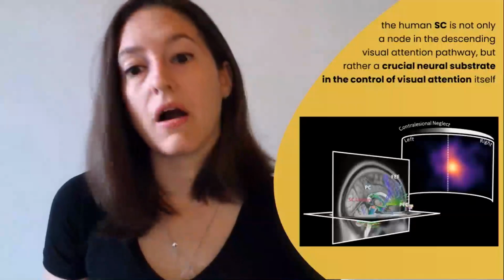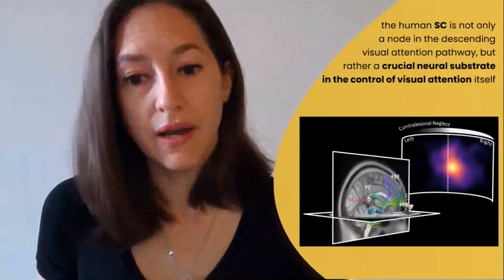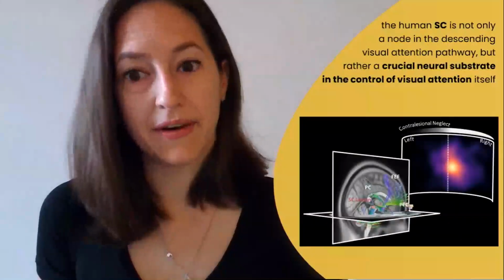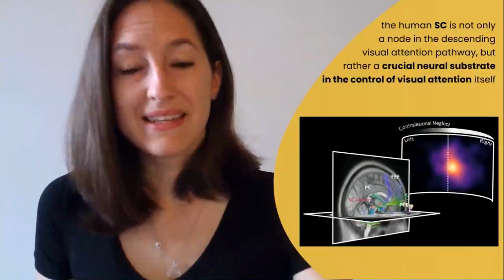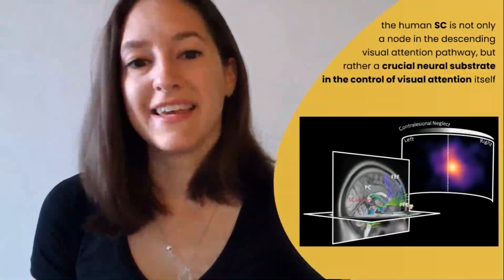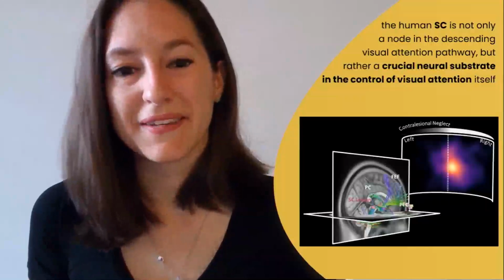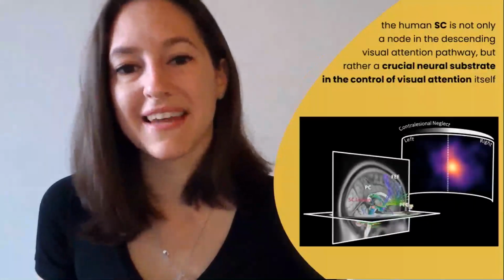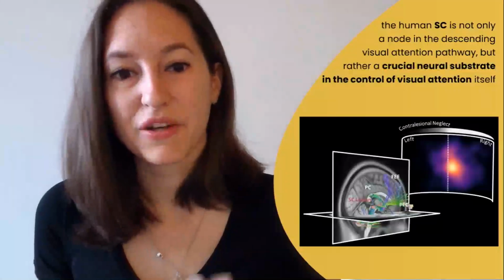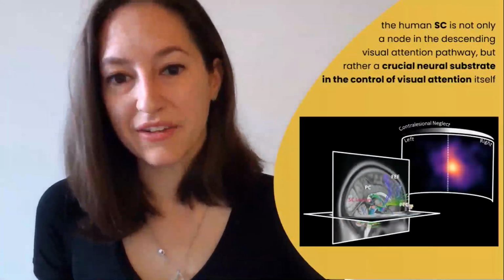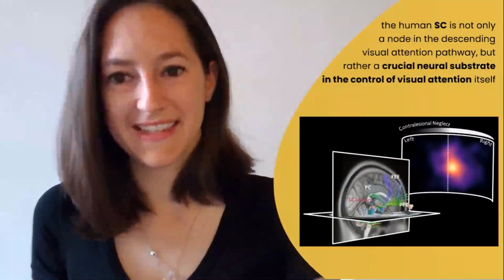So really in line with the animal models I presented in the background previously. So we really think that the superior colliculus is not only a node in the descending visual attention pathway, but, I say it again, a crucial neural substrate in the control of visual attention itself.